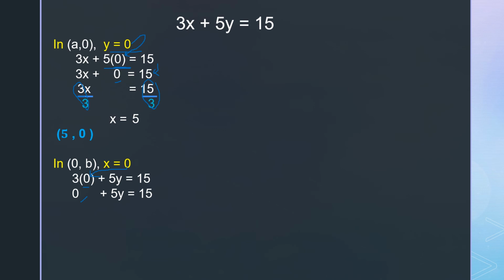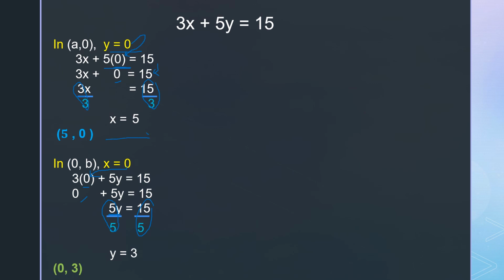Copy plus 5y equals 15. 5y equals 15. Again, we have here 5. So we use the DPE. Divide both sides by 5. 5 divided by 5 is 1. So this is 1y or y. 15 divided by 5 is 3. So 1y equals 3 or y equals 3. The point is 0, 3.